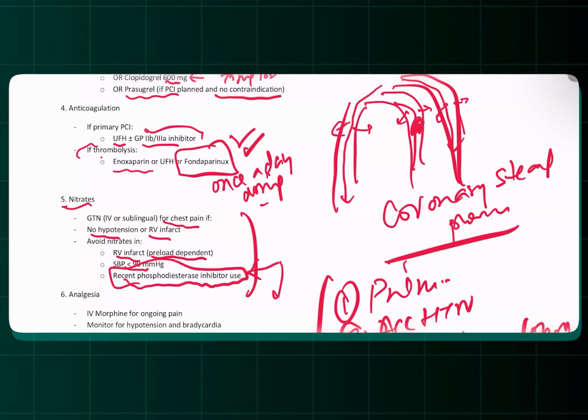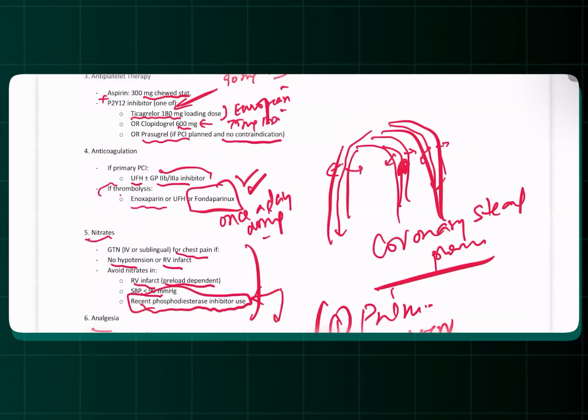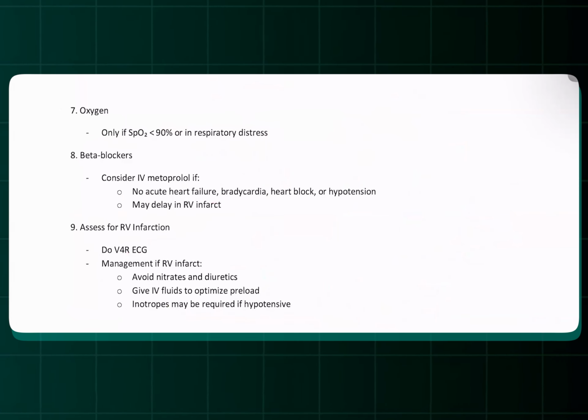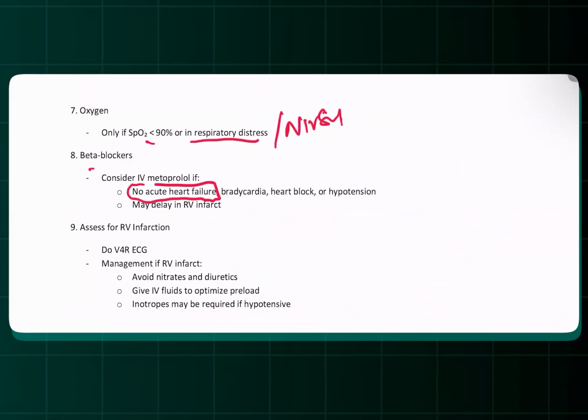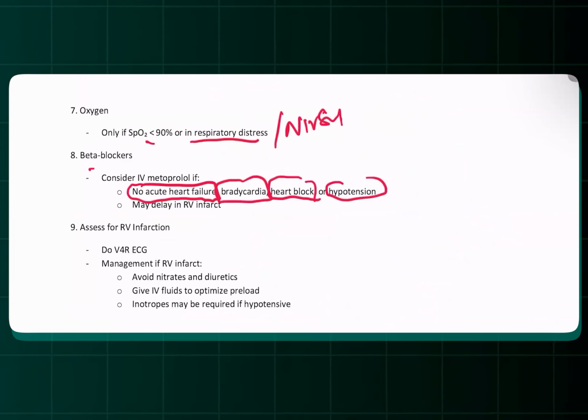Along with that, you have to give analgesia, IV morphine for ongoing pain, and then monitoring for hypotension and bradycardia. Oxygen only if saturation is less than 90 or in respiratory distress, then you give NIV support also. Beta blockers are given only if the patient does not have heart failure, does not have bradycardia, does not have heart block or hypotension, and you should not give it in RV infarct.